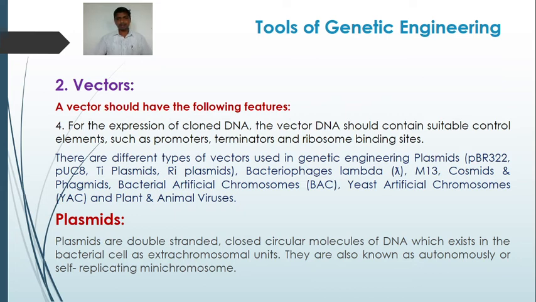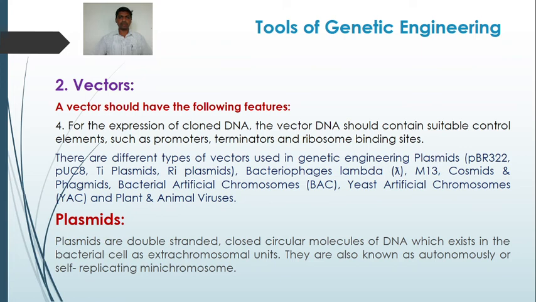Some other vectors are also used in genetic engineering, comprising bacteriophages, lambda, M13, cosmids, phagemids, BAC, YAC, and plant and animal viruses. One by one we are going to study the vectors, that is the pBR322 and pUC vectors. In your syllabus we have only the plasmids.